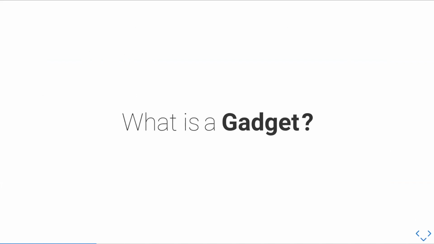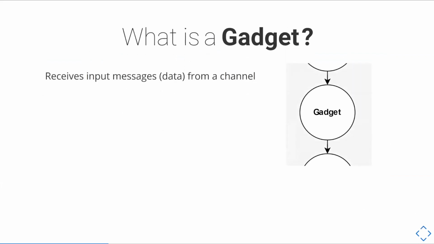But for now, we need to get a little technical and talk about what is a gadget. Gadgetron has its name after the gadget, and it's the key concept in Gadgetron. A gadget is a unit for processing data, and it receives its input messages or input data through an input channel. This gadget here just got 3 lines of pre-acquisition lines from the MRI.